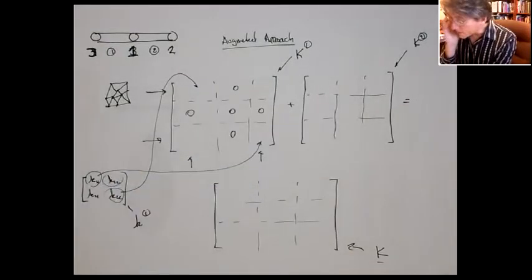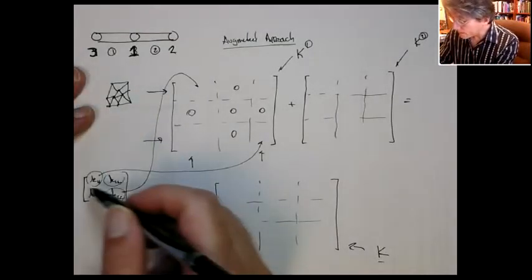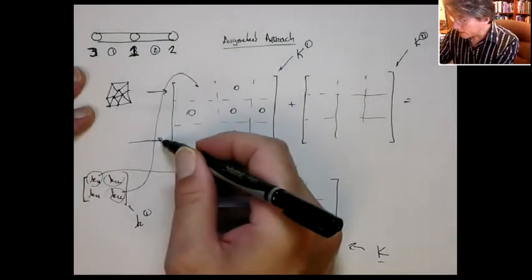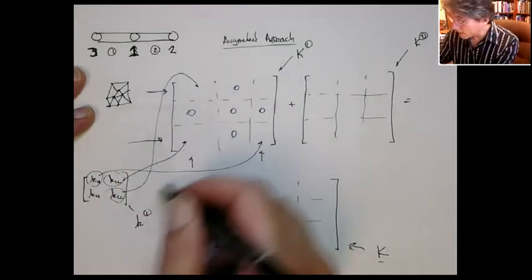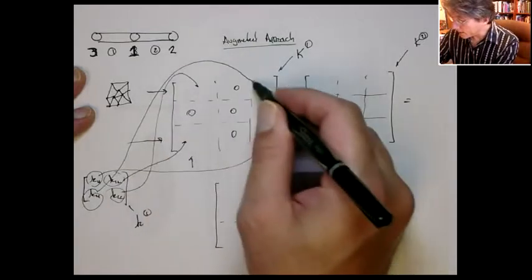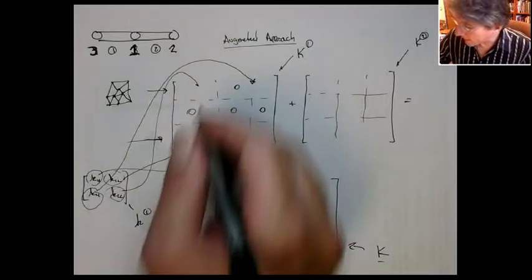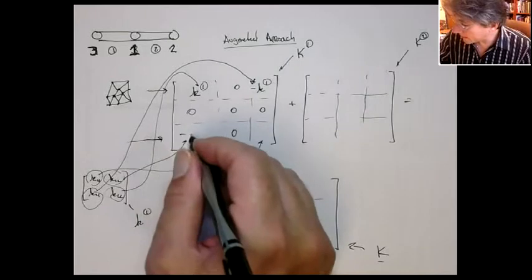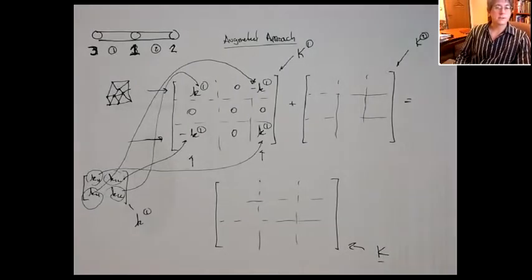This one, which relates the first degree of freedom to the second degree of freedom, or the force at the first degree of freedom, which is 3, to the displacement at the second degree of freedom, which is 1, should go here. And then this one should go here. But you don't have to be that careful about the way those map, because it's symmetric anyway, and you end up here with just K1, minus K1, minus K1, and then K1. Okay? But this one works out pretty easily.